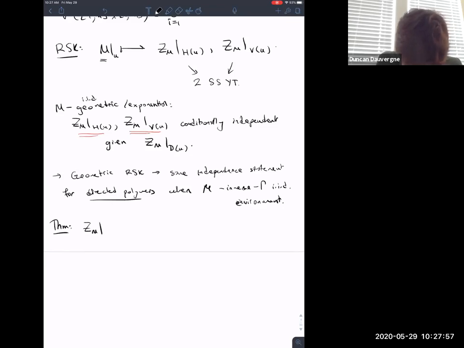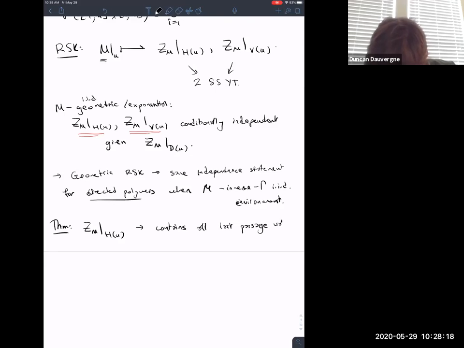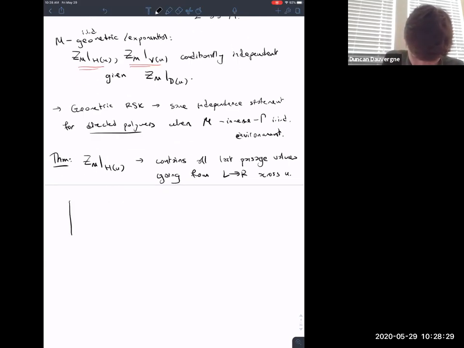Zm restricted to H of U actually contains all last passage values going from left to right across U.